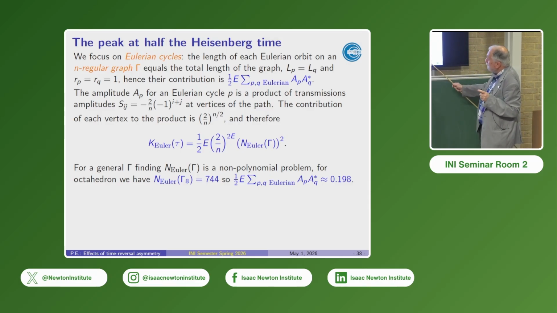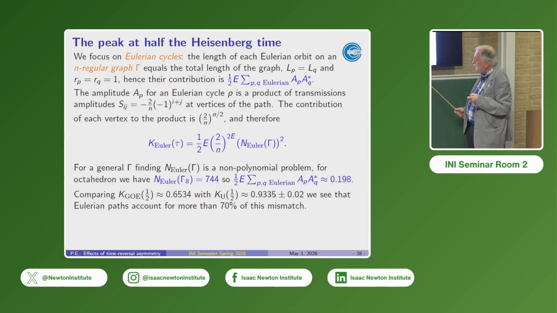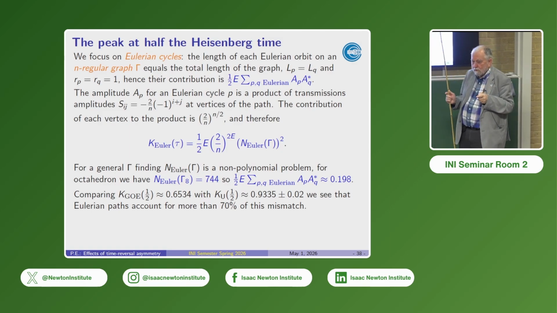And if you then compute the contribution, it's something like 0.2. And if you look back into the diagram, you see that the value of the GOE is 0.65, and the value we computed numerically at the peak, with a small error, is like that, which means that the Eulerian paths explain more than 70% of this difference.